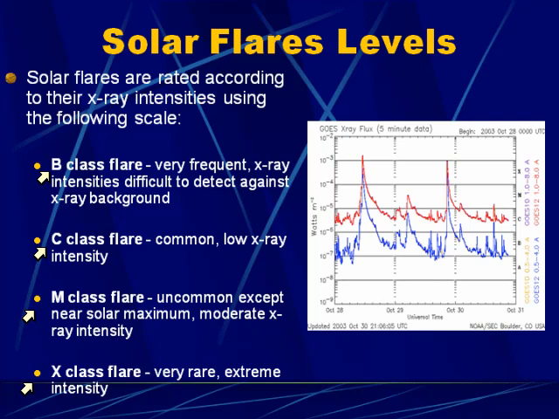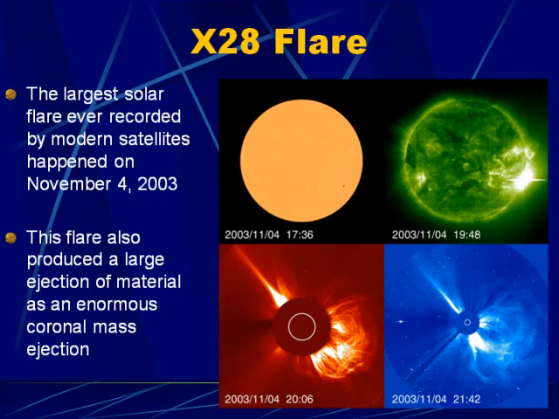It's very unusual to have the intensity into the X class, but during the last solar maximum, there were actually quite a few examples of X class flares, in some cases occurring in the same week. One of the most intense X-rays ever recorded was recorded at an X28 level.